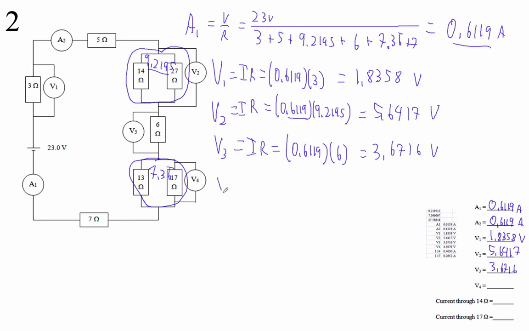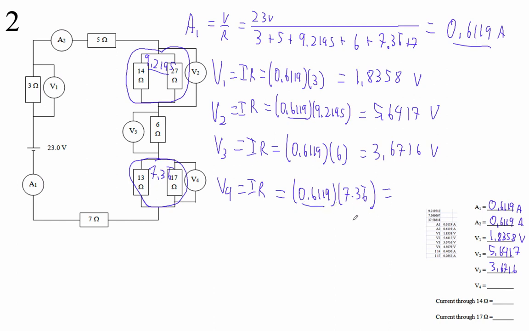Okay. And then V4 is also IR. Same current, 0.6119. And then this resistance is 7.36 bar. So what is that? Let's see if I can find that. There it is. So I went up arrow, grabbed that whole number.